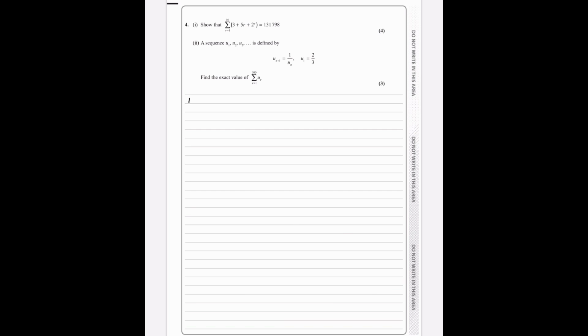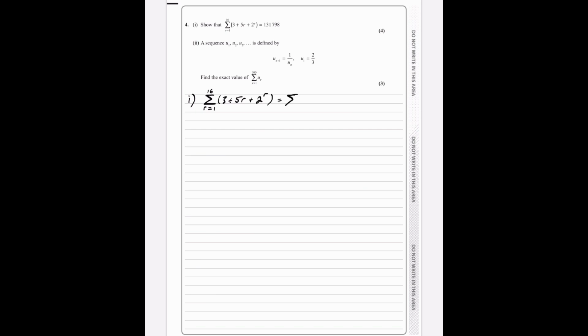Question number 4, summing the series. So we are summing between 1 and 16, 3 plus 5r plus 2 to the power of r. The best way to think about this one is to split them up into 3 different sections.